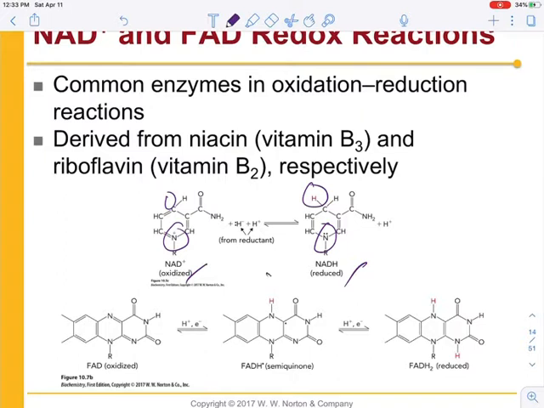So here is NAD, and then here is FAD. It does the same thing. NAD picks up a pair, 2 electrons. FAD can pick up electrons individually to form a semiquinone, or a pair of electrons over there.